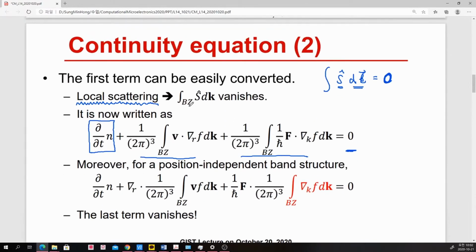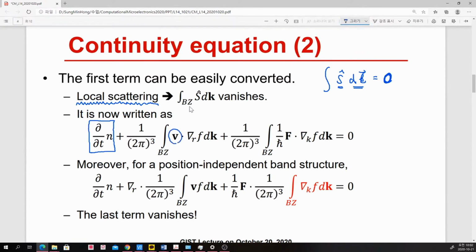Up to now we haven't made any approximation, but in this step we have to introduce an approximation. The approximation is that the band structure is position independent. That is assumed. I mean that in general, our group velocity can be a function of real space and k space.